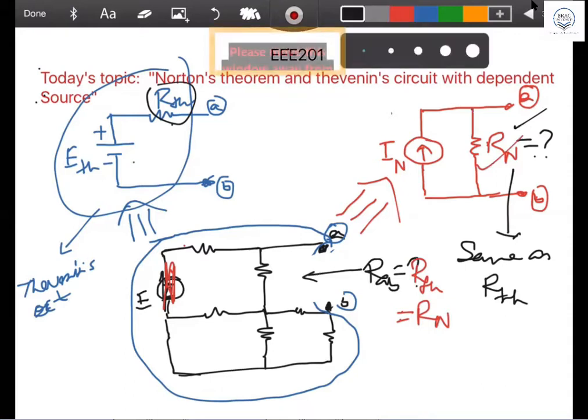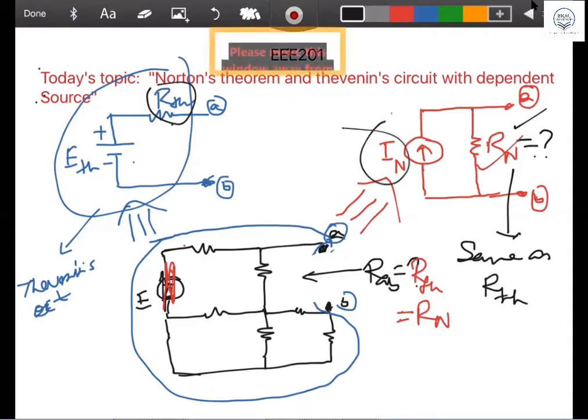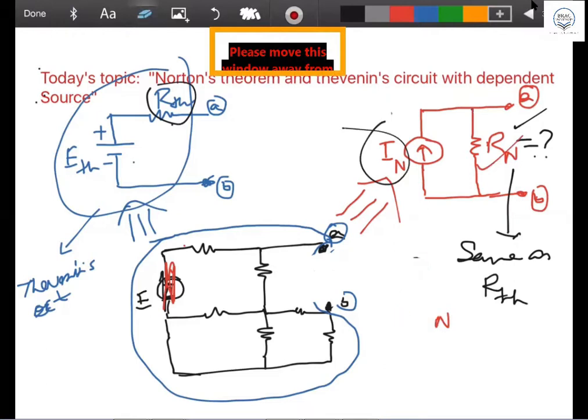Now let's come back only to how Mr. Norton described the IN, the Norton current, how to find it. That is the new thing to all of us. Now let us see how he found the Norton current. Try to remember, last class I told you, Thevenin found the E Thevenin, which was the open circuit voltage.